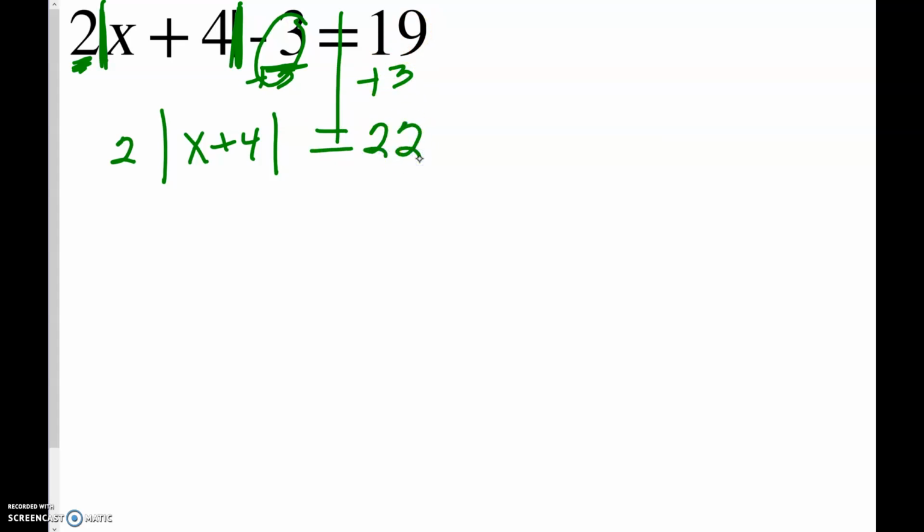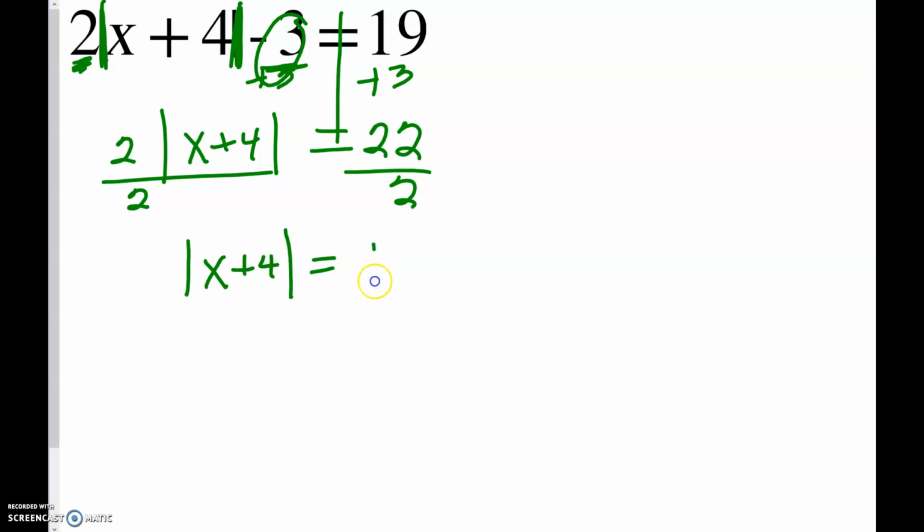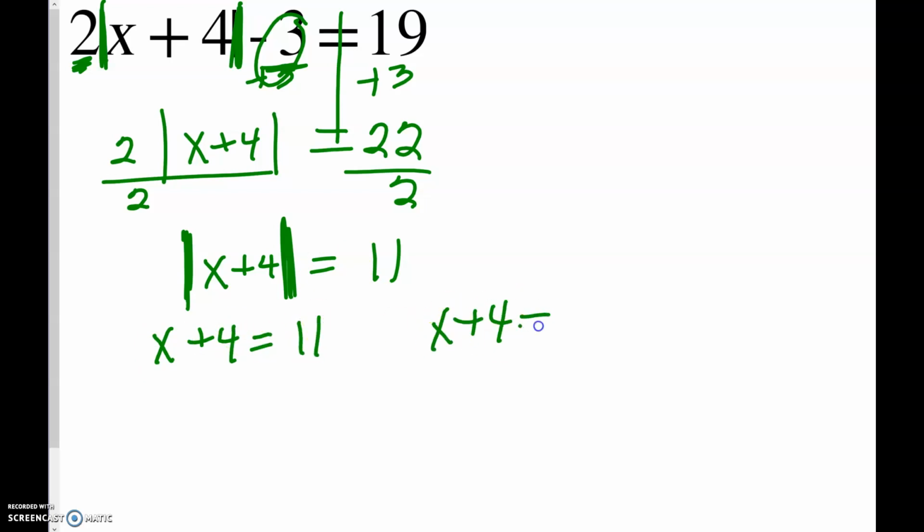Okay, I still don't have my absolute value by itself. So I'm going to divide by 2, and I get the absolute value of x plus 4 equals 11. Okay, now I have my absolute value equals number. So I can set up my two cases. X plus 4 equals 11, and x plus 4 equals negative 11.